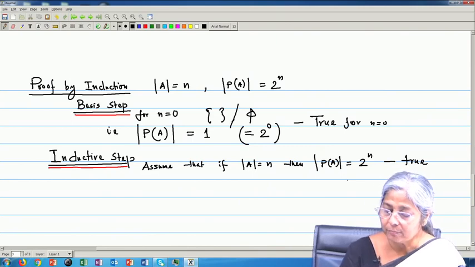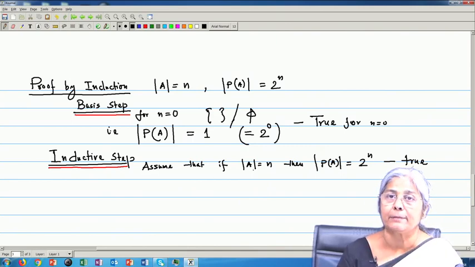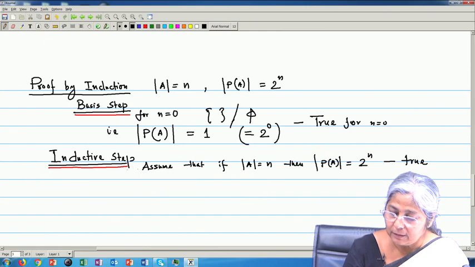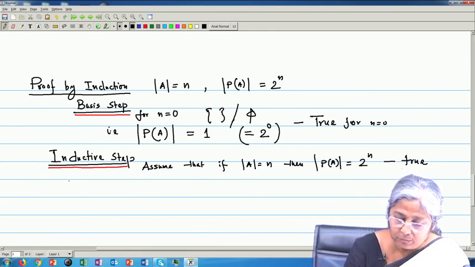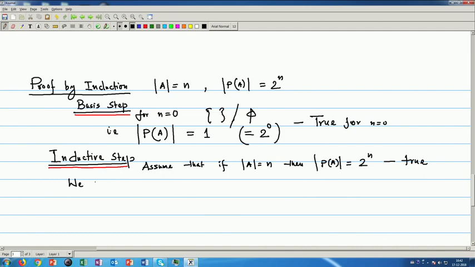Now, here we assume it is true for n, that means we consider that the set has n number of elements.